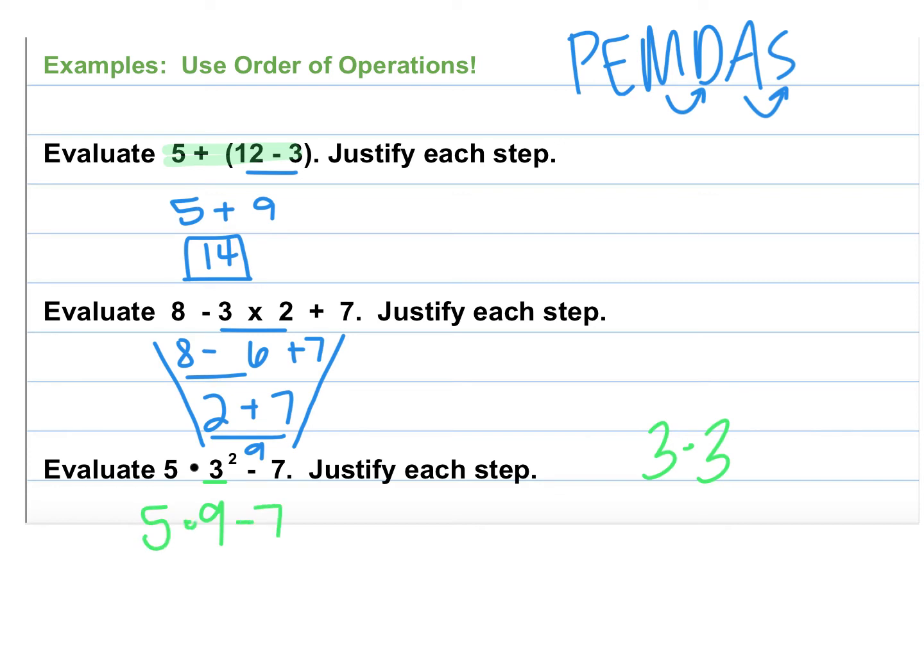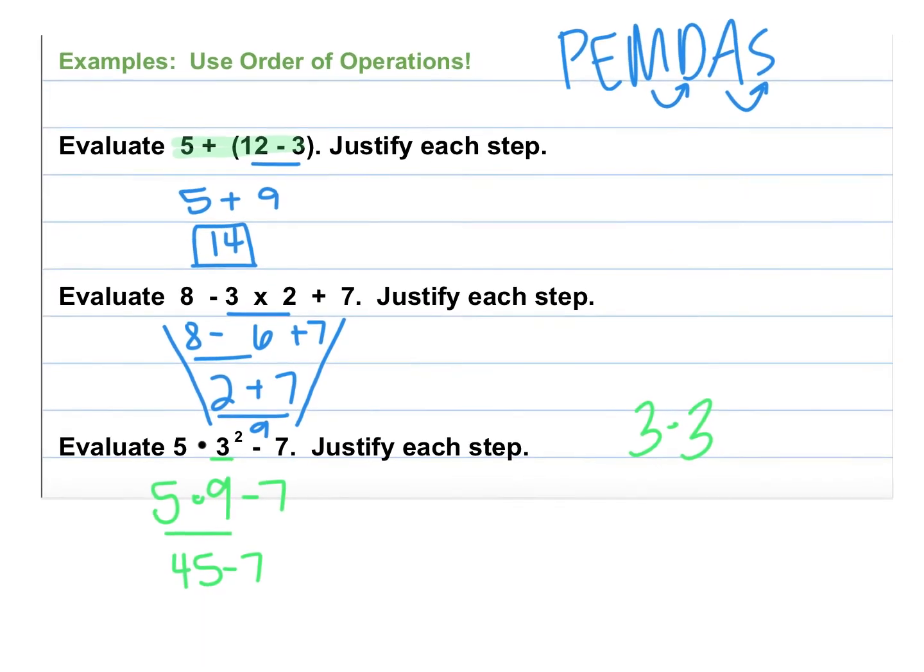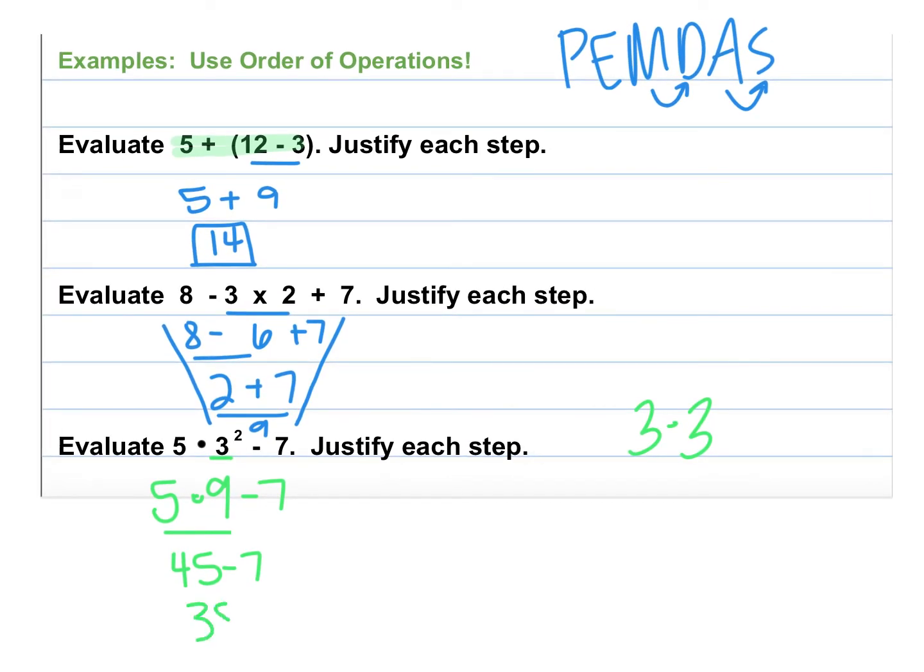Next would be the multiplication. 5 times 9 is 45. Carry down the rest of the problem. 45 minus 7 would be 38. Again, we are funneling down. Our work is slowly getting us to the final answer, showing every single step. That's what it says here.